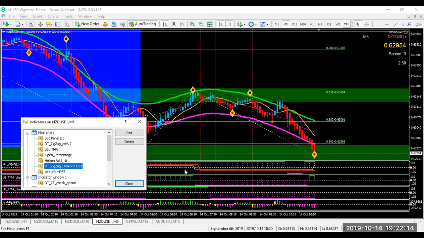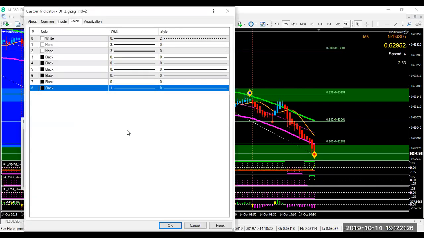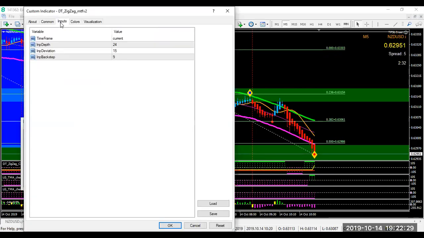Now, the indicator that actually confirms whether it's a current high or low is the DT zigzag MTF V2. That's set at 24.15.9, and it will display that dotted white line and join a red diamond to a blue diamond, and vice versa.